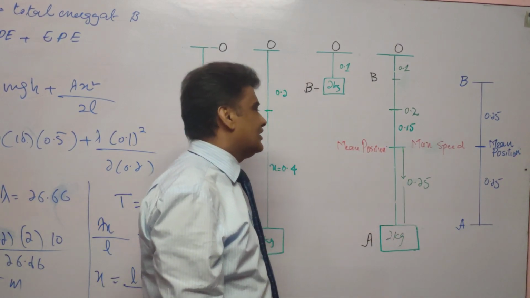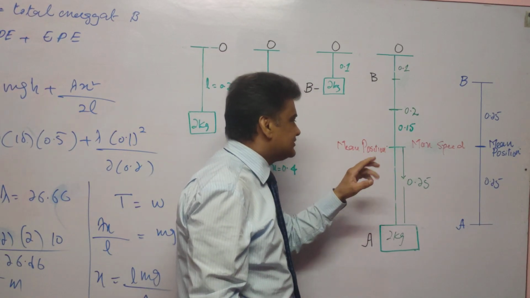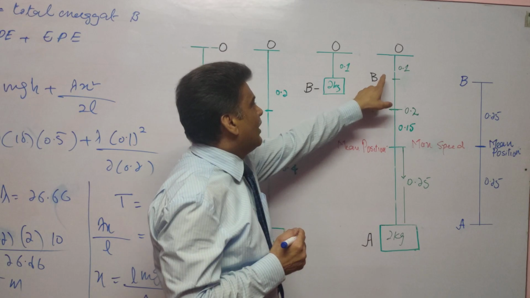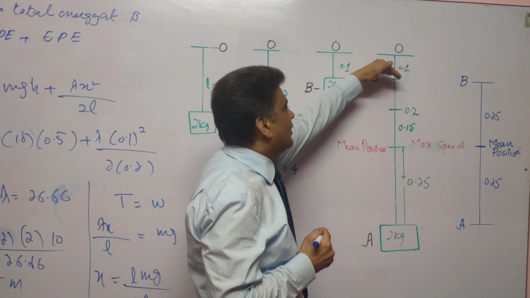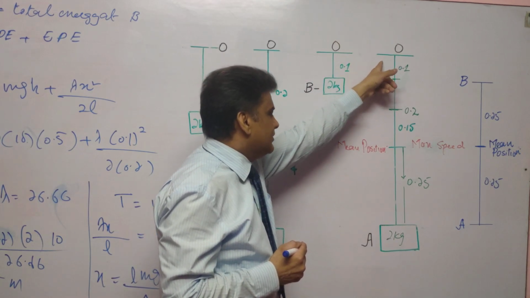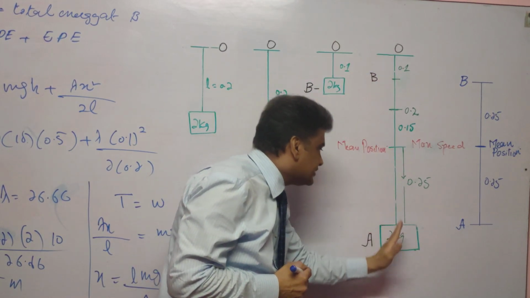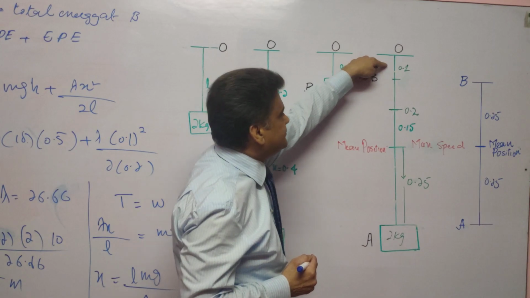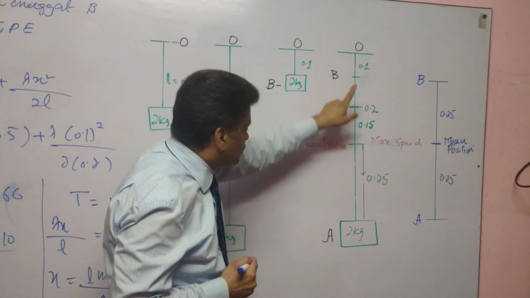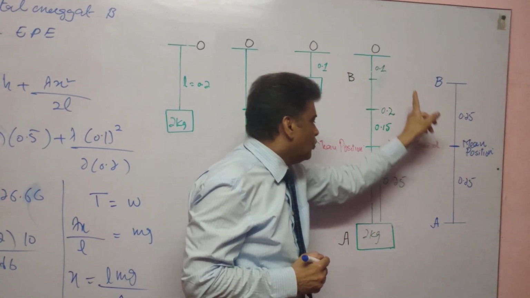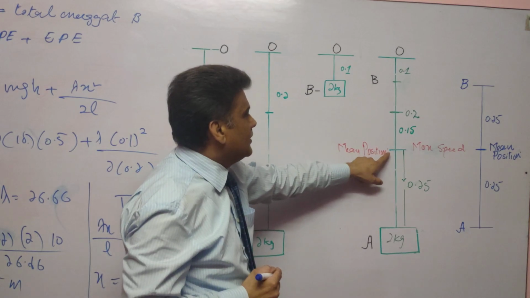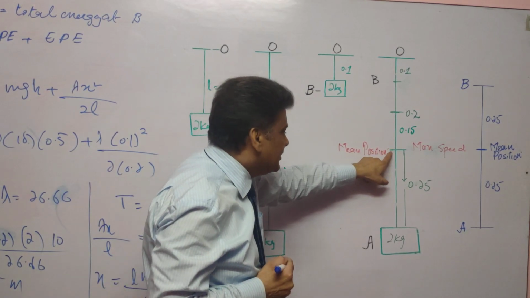Why is the velocity maximum at this point? Because this is the mean position. If we leave the 0.1 meter distance from above, we get the distance from B to A, the total distance 0.5, and it will be the equilibrium position, the mean position.